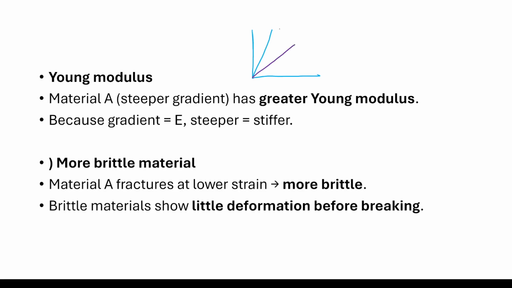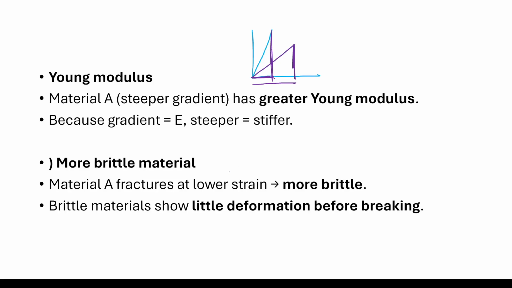So A is stiff. Why is that? To produce this much extension, you require this large amount of stress. But here in the purple, smaller stress as compared to blue, but a larger strain. Hence, it's not that stiff.